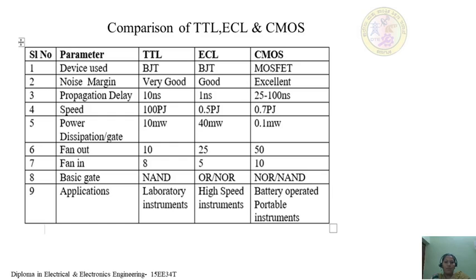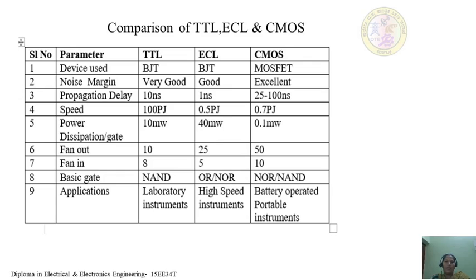Next parameter is fan out. TTL has a fan out of 10, ECL has 25, whereas CMOS has 50. When we compare these parameters, the CMOS exhibits a larger fan out.